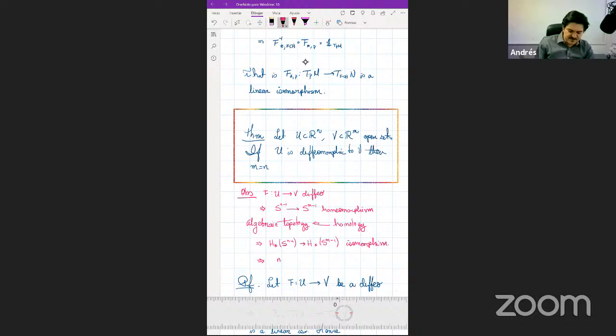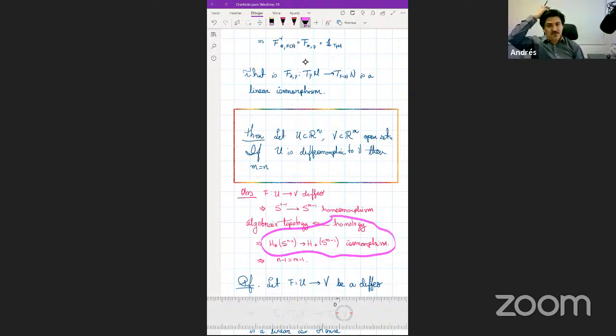And that's how you get that n minus 1 must be equal to this. So using algebraic topology, in particular the concept of homology, you can also prove this. Okay, now let's move on.